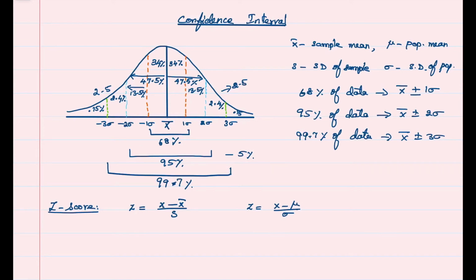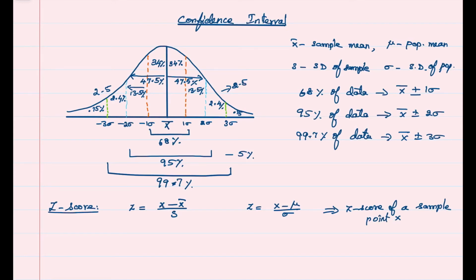So, z is a measure of how many standard deviations below or above the population mean a data point x is. So, these are the formulae to calculate the z-score if we know the sample mean and the sample standard deviation, and this is the formula to calculate the z-score of a data point when population mean and population standard deviation are known. So, this is a z-score of a sample point x.